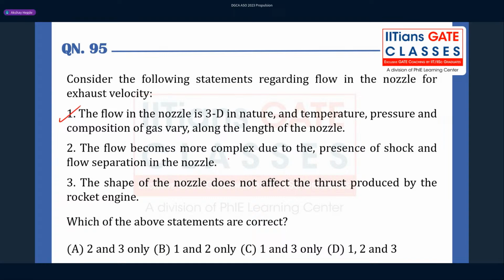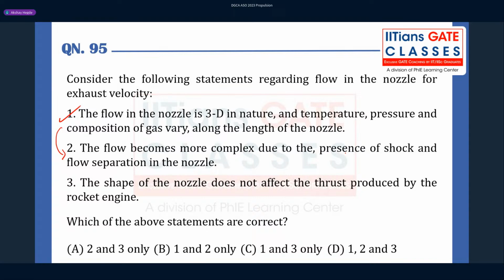And the second statement is just a continuation of the first statement. The flow becomes more complex due to the presence of shock and flow separation in the nozzle. Of course, whenever we treat realistic scenarios, we do see boundary layer growth because of the viscous action, and a shock wave can be present if there is a pressure difference between the exit plane of the nozzle and the ambient conditions.